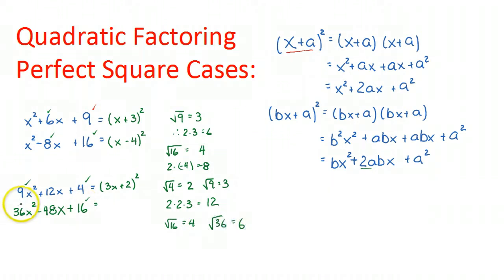Okay, so both of these are perfect squares, so I start thinking of my perfect square case, and I say 4 times 6 is equal to 24, and 24 times 2 is equal to 48. So I see my b term conforms to our pattern. So therefore this factors to (6x - 4) squared. And we're done.